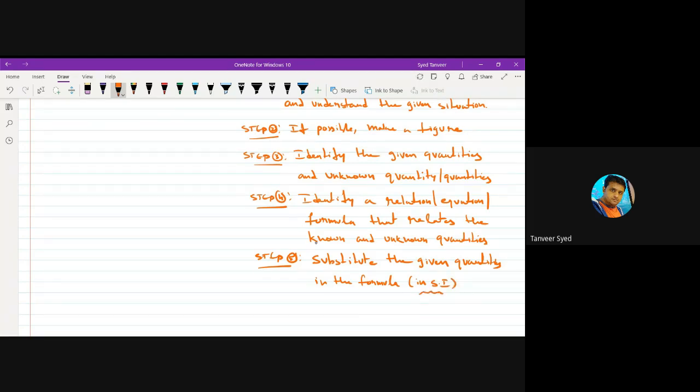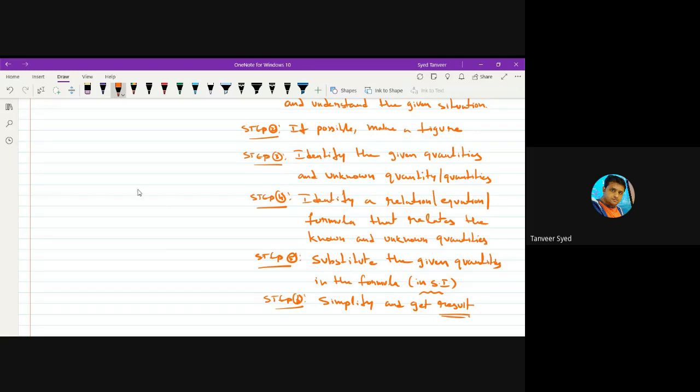SI means standard units. Length must be in meter, time must be in second, speed must be in meter per second, acceleration must be in meter per second square. These things in standard units. Then step 6, simplify and get result.